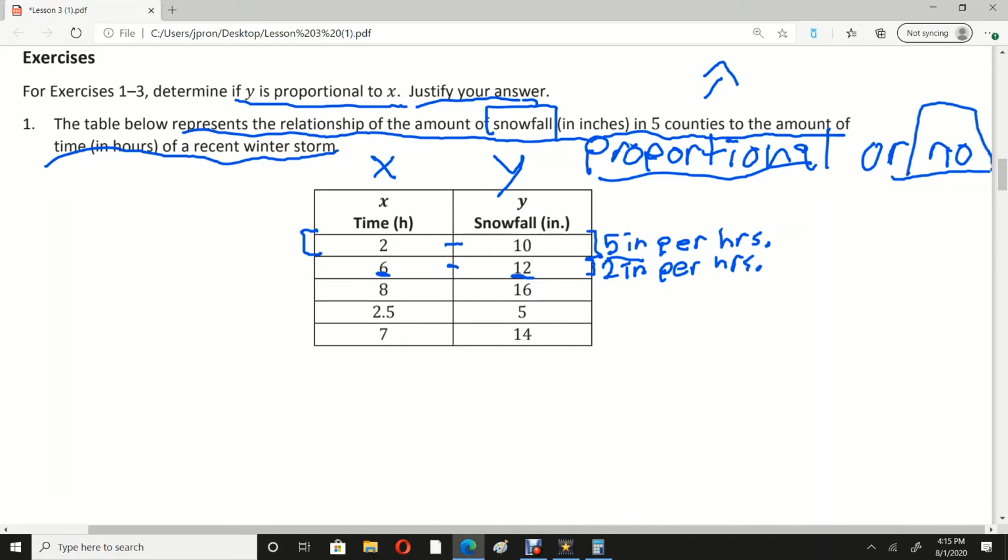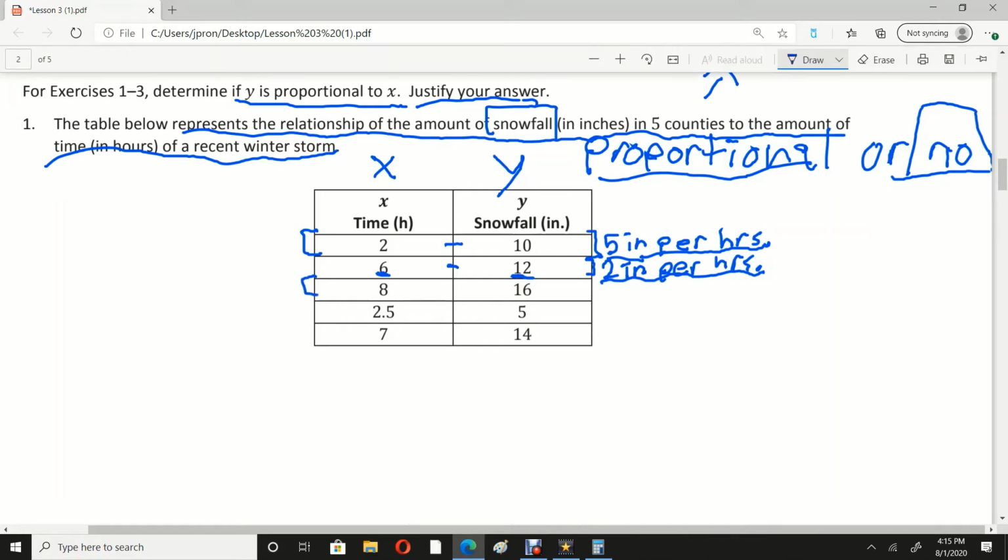No, this is not proportional. We already see our rate of change changing, right? It is not constant, right? So we don't even need to keep going down, because if one of these rates doesn't match in the set, then we already know that it's not proportional, right?